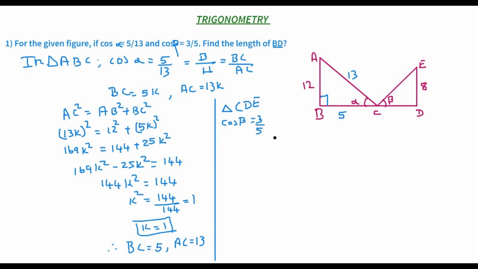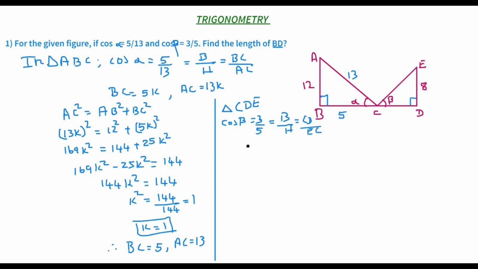As we have already learned, this is our base and this is our hypotenuse. So in this question, which is our base? Can you please guess it? Because the reference angle is beta, the base is CD. And which is our hypotenuse? Correct, our hypotenuse is EC because D is the 90 degree. So now we know CD and EC.